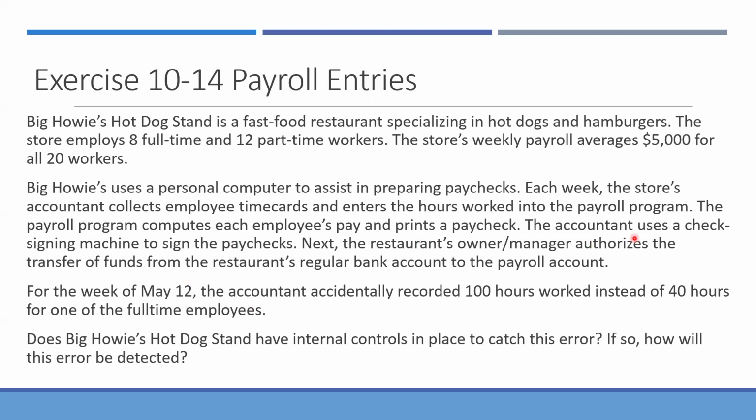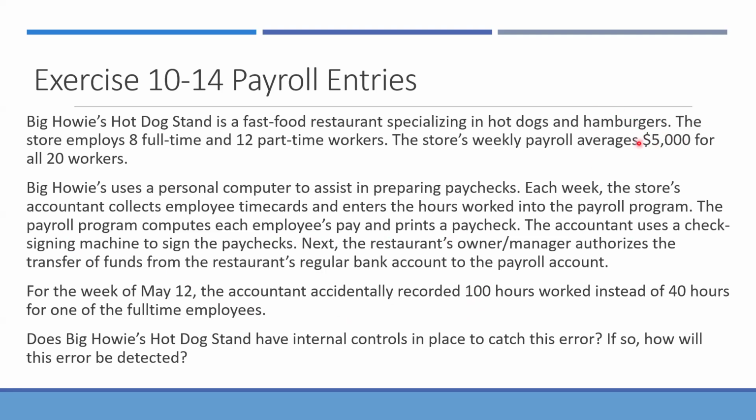If we think about it, there are levels of review to catch this kind of a problem. There's a check signing machine. That means there's someone reviewing the checks, signing the checks, and then the owner or manager authorizes the transfer of funds. That's 2 levels to catch this amount that's more than average.